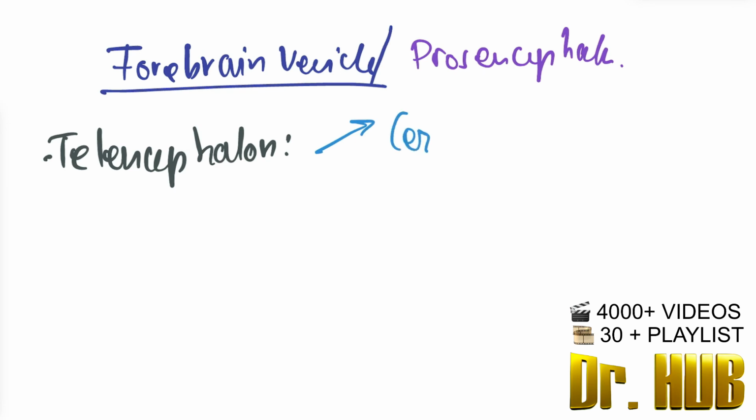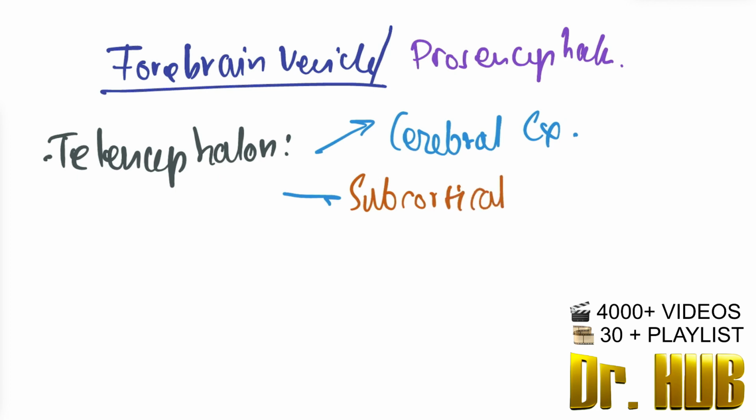It includes the cerebral cortex, then the subcortical white matter, then the amygdala.